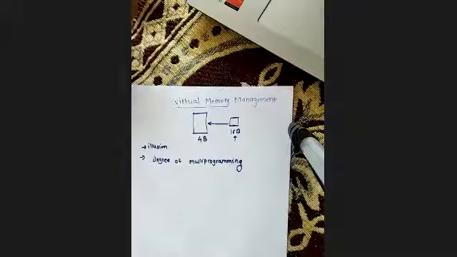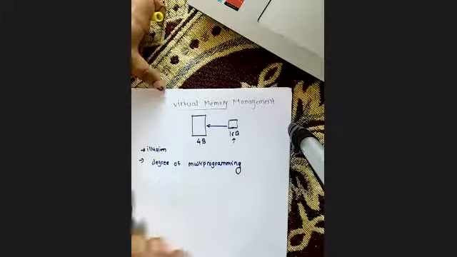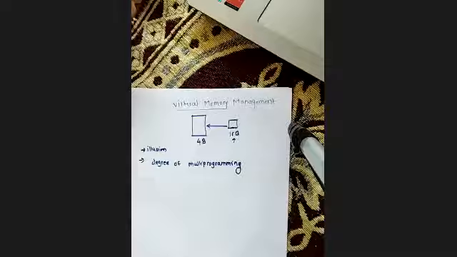That means our CPU should be utilized properly, with maximum utilization of the CPU, and that is only possible when a number of processes are running. The more processes we execute at the same time or frequently, the more our CPU utilization will be, and the degree of multi-programming increases. So we can achieve this by using virtual memory management.